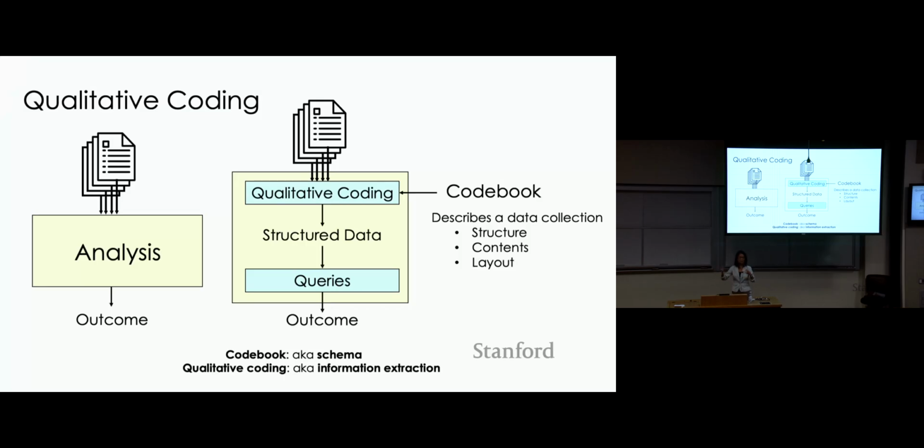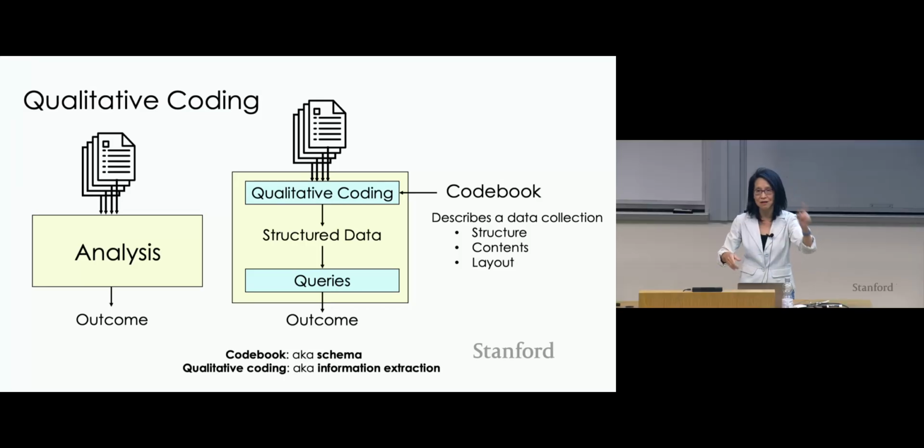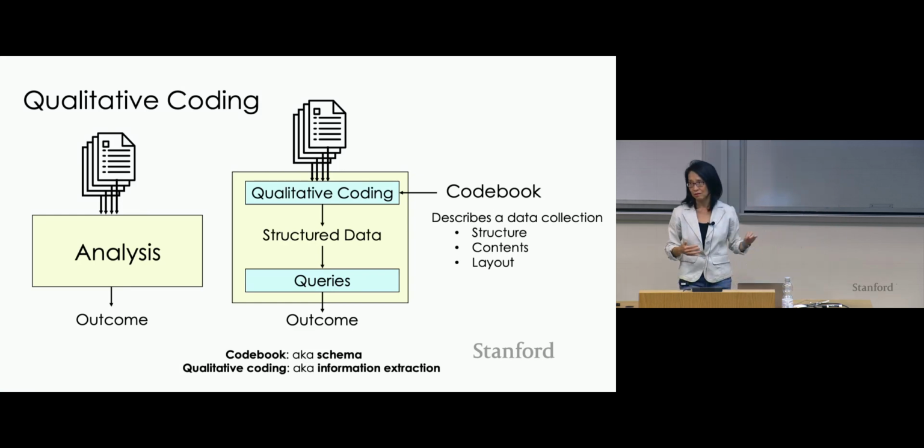So now it breaks down into two parts. You take every document and code it. And then you put it into some structure. Of course, you can have free text in some of the fields. And then you can analyze it, using the methods that we talked about in the last class. So that's the concept, and that is called qualitative coding, okay?